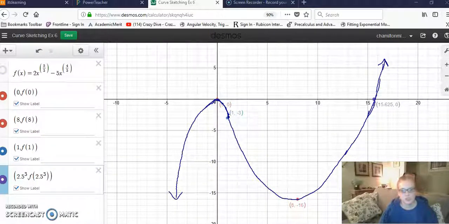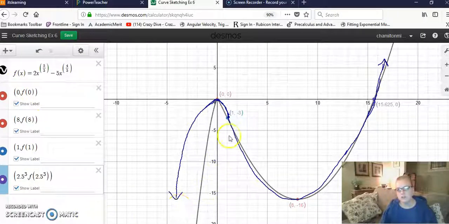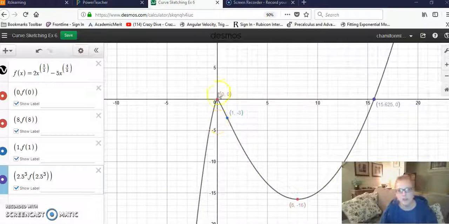And then we can check that over here, let the computer do the work, and see how close we get. And yeah, you can see that we've got this part, we've got that, and then coming down here, we have that. Now remember, this right here is not actually a cusp. Let me get that off of it because the derivative did exist.